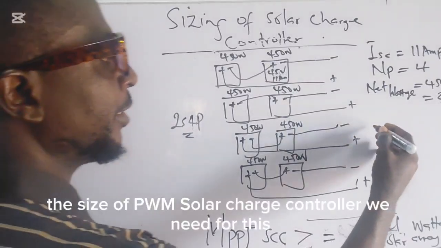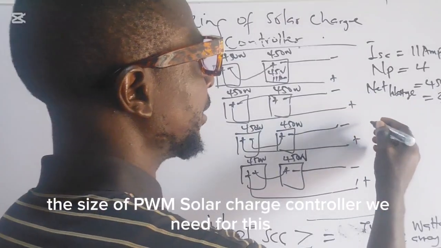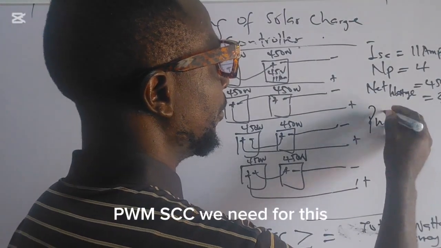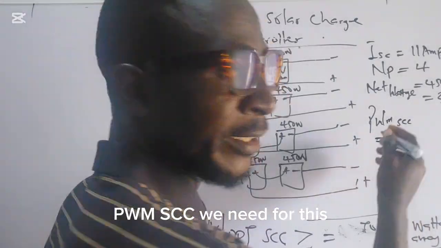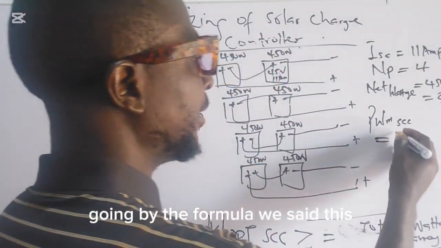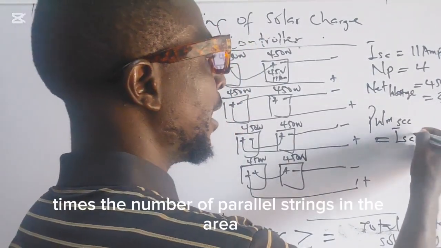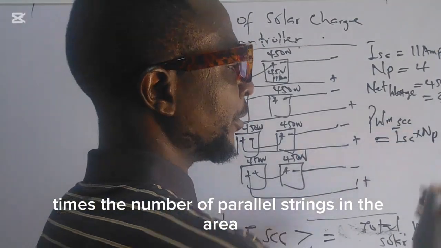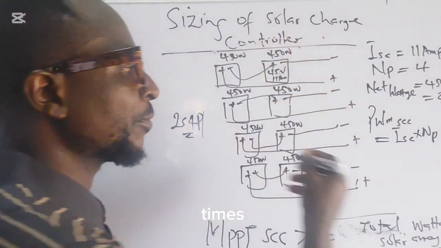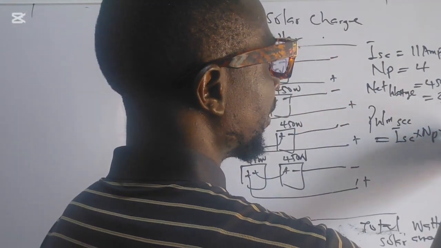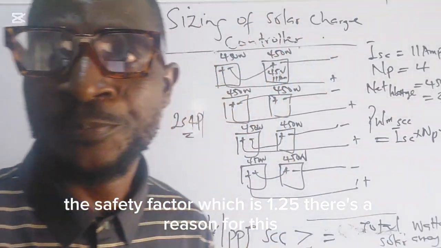Now, the size of PWM solar charge controller we need for this, going by the formula, is the short circuit current times the number of parallel strings in the array, times the safety factor, which is 1.25.